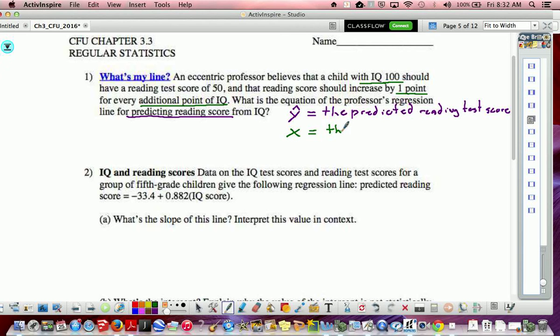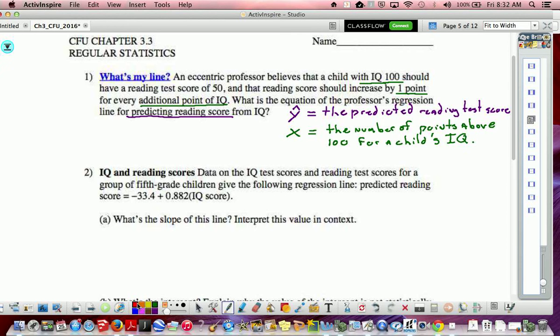So we're going to say the number of points above 100 for a child's IQ.